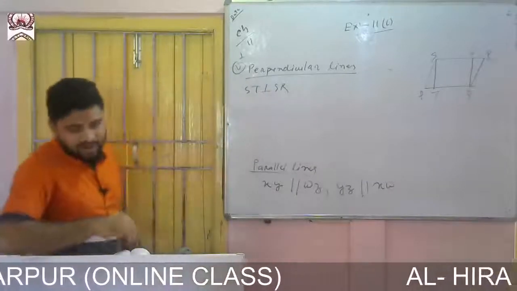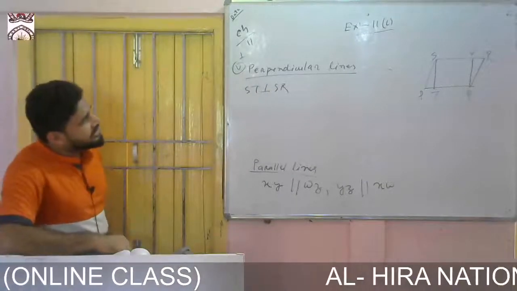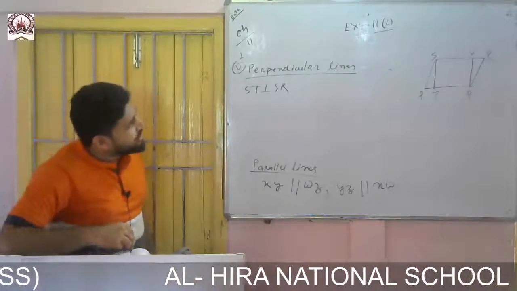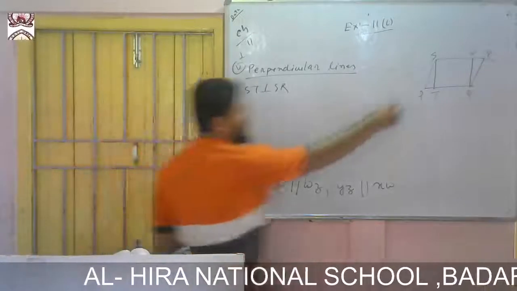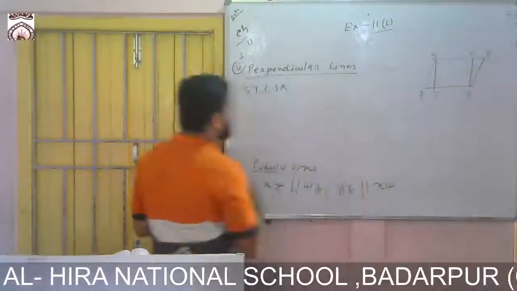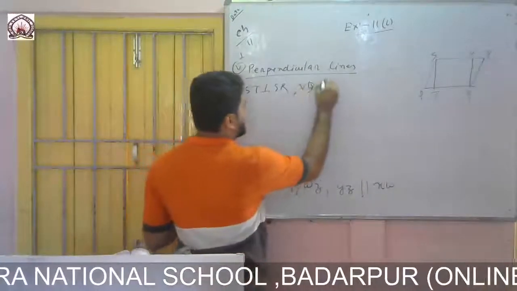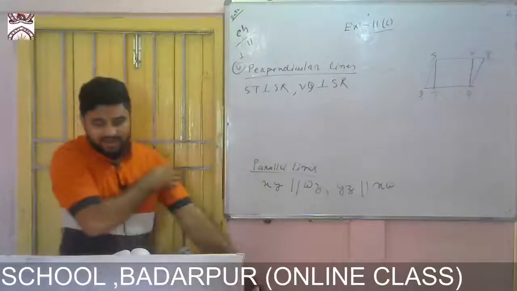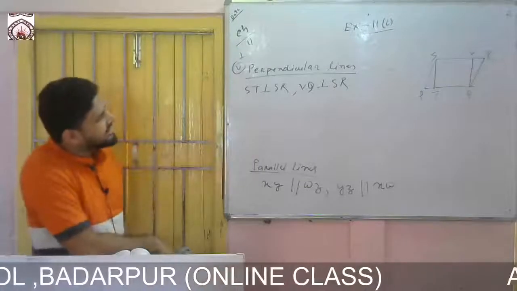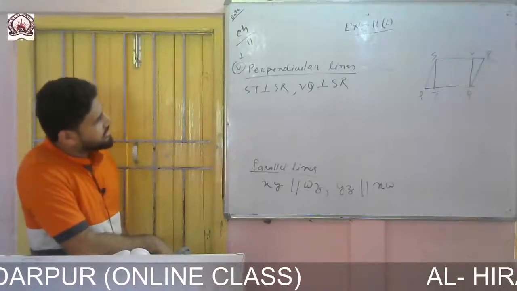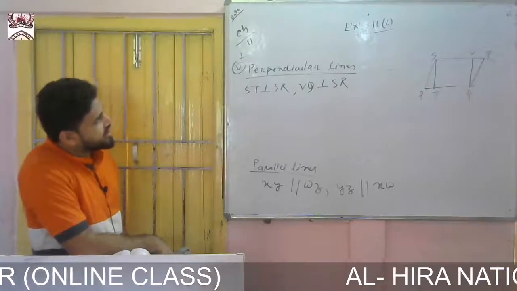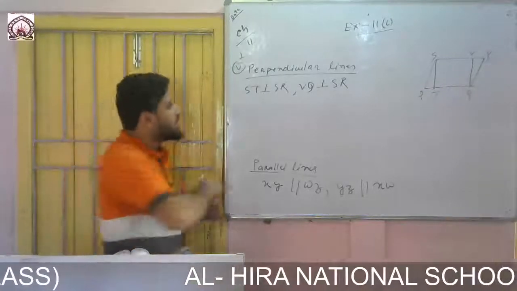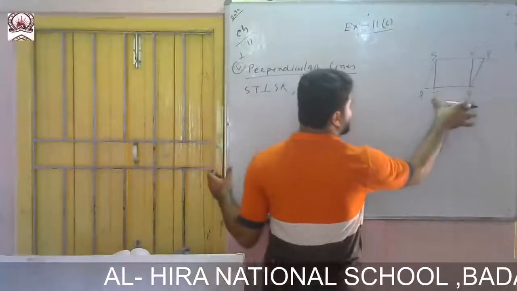Okay. Now another one, you see. BQ is also perpendicular to SR. If this one is perpendicular to this one, then this one also. So I can write BQ perpendicular to SR. And also you can say that ST is perpendicular to PQ.